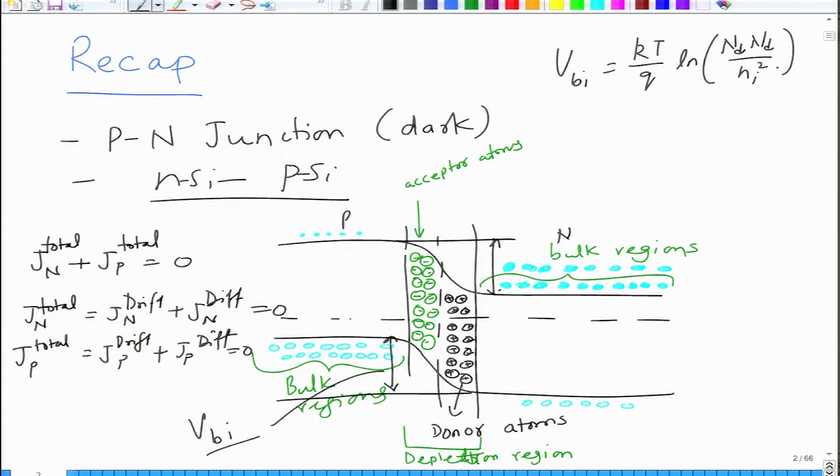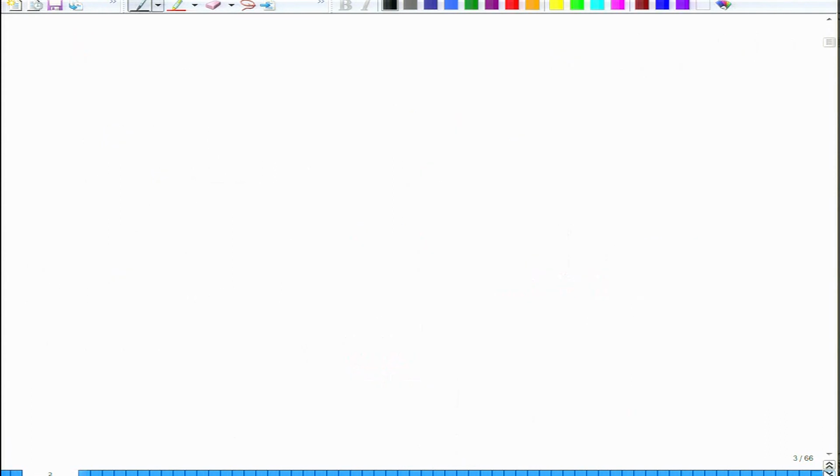So, basically the built-in field increases as you increase the acceptor and donor dopant concentration in the semiconductors. This is what we did last time. Now what we will do is look at some more aspects of p-n junction in a little bit more quantitative manner. For example, how wide is the depletion region?